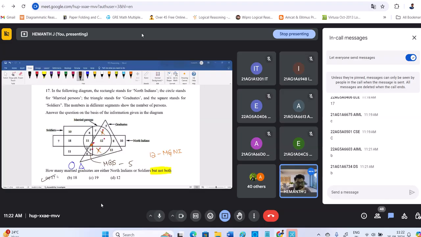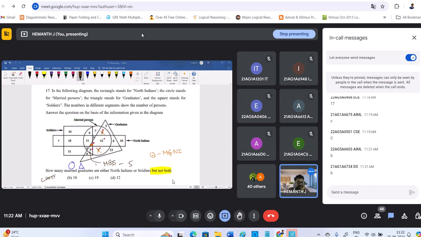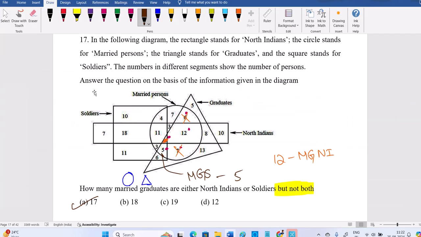Is it 18? 6 is not related to married people. No, this is 5 only. Check once. Is it 17 or not? 17. Clear. Okay, let's see about the next question.